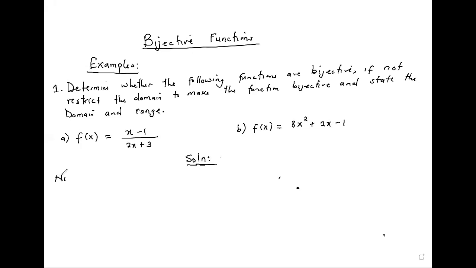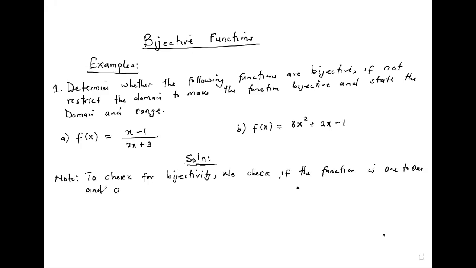So we'll start with a note. To check for bijectivity, we check if the function is one-to-one and onto.